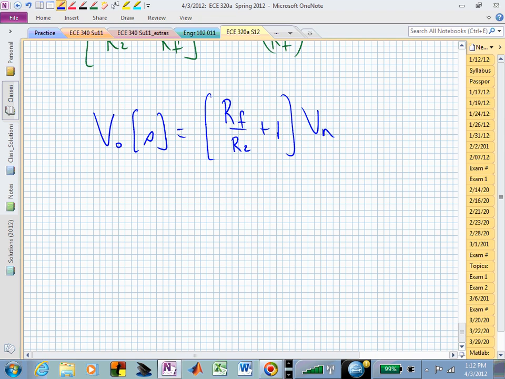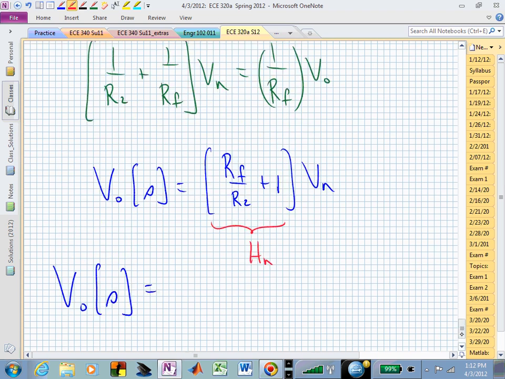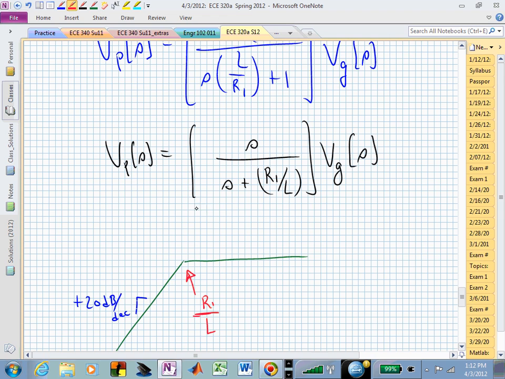So now I have the overall transfer function. If I called this transfer function H sub n, and what if I called this H sub p for the P terminal and the N terminal? That's where those are coming from. Now I want to have the overall transfer function from the input, capital V sub g of s, all the way to the output, V sub 0 of s. But V sub p, remember, is the same as V sub n because of this negative feedback.